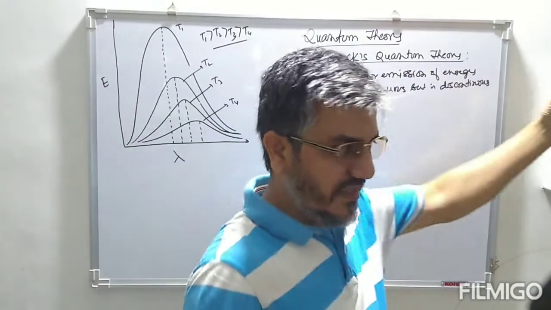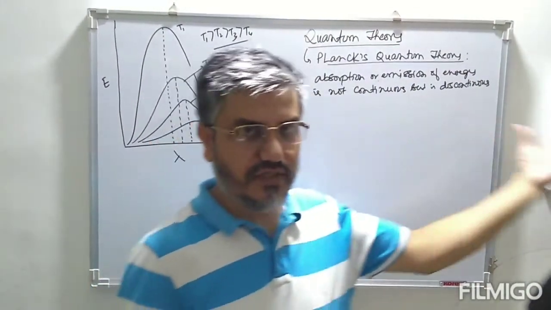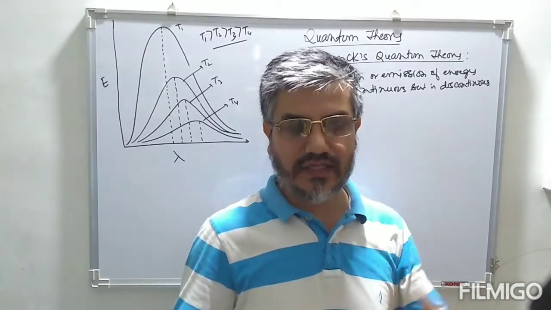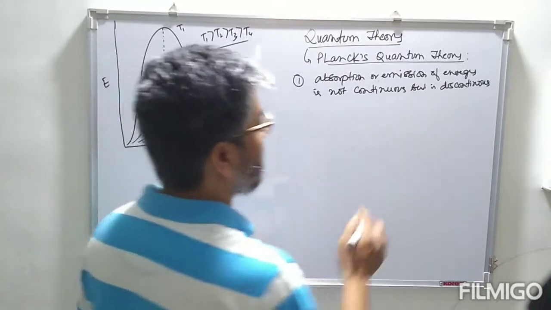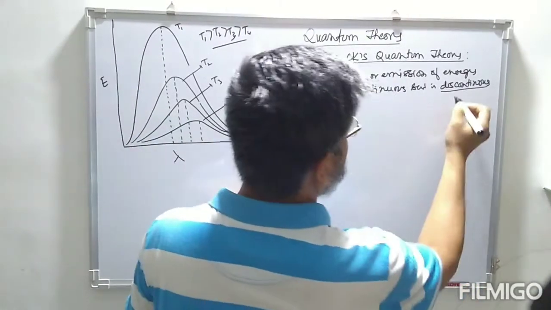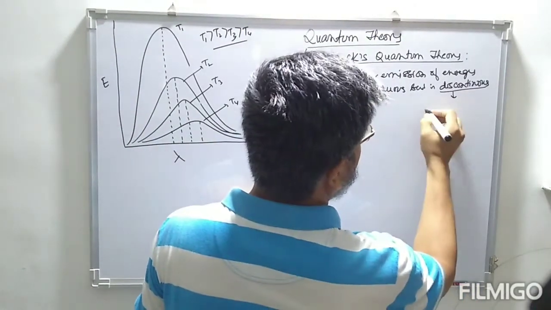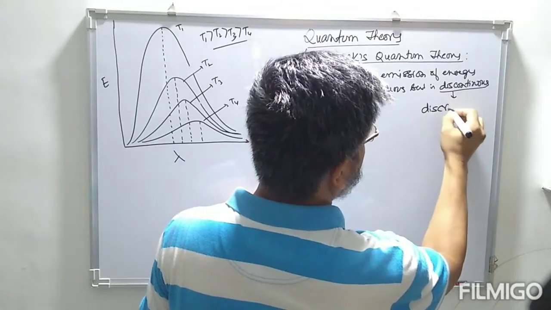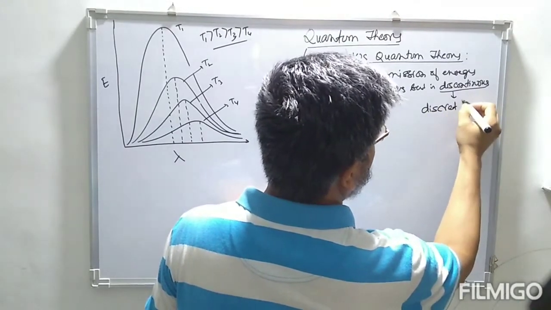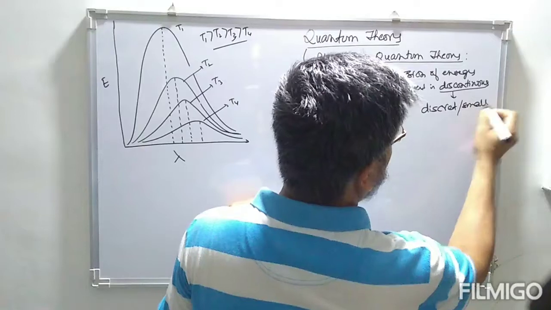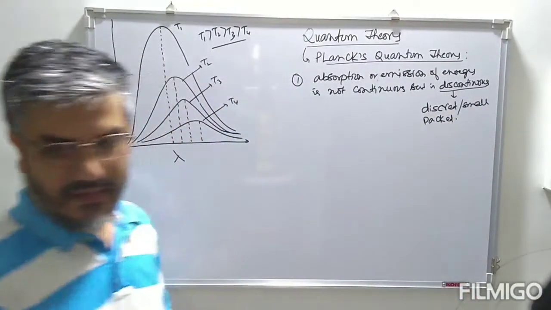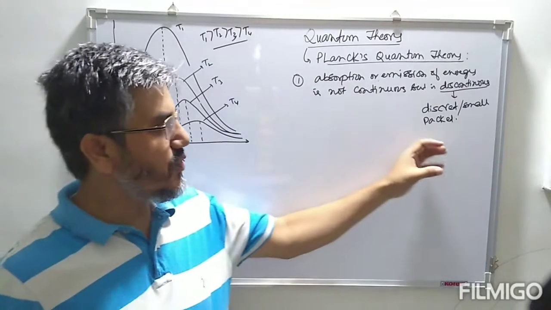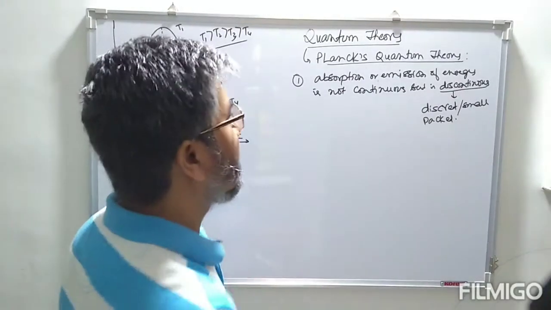So absorption of energy by a substance or emission of energy by a substance cannot be a continuous process. It has to be a discontinuous process, in the form of discrete or small packets of energy.